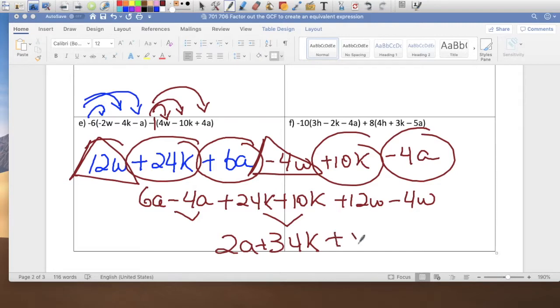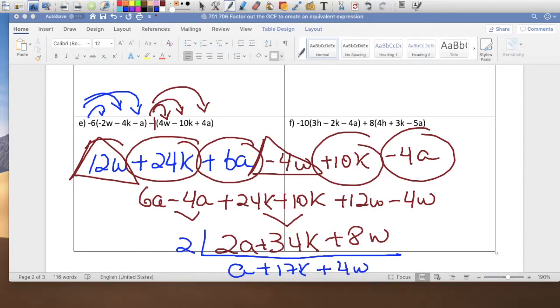And that becomes plus 8w. Now we can do the ladder method. And the highest number that goes into 2, 34, and 8 is 2. That becomes a, or 1a, plus 17k. And 2 goes into 8 4 times, 4w. Final answer, 2 times a plus 17k plus 4w.